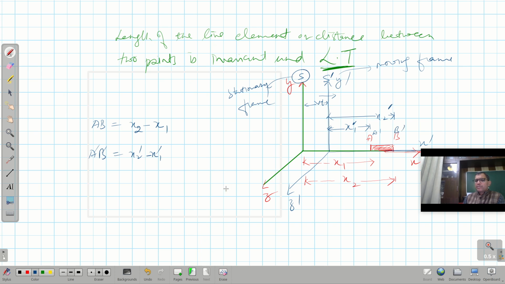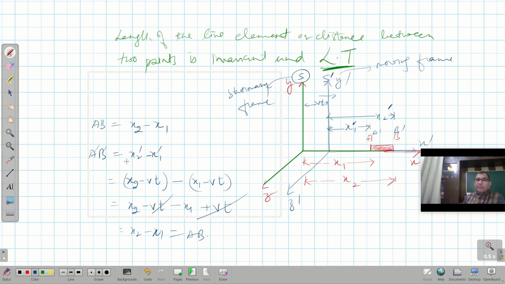So x2 prime is x2 minus vt, because it is moving with velocity v along the x-axis. Similarly, x1 prime can be written as x1 minus vt. So it becomes x2 minus vt minus x1 plus vt, and this cancels out, and it is x2 minus x1. In this way I can write that it is equal to AB.